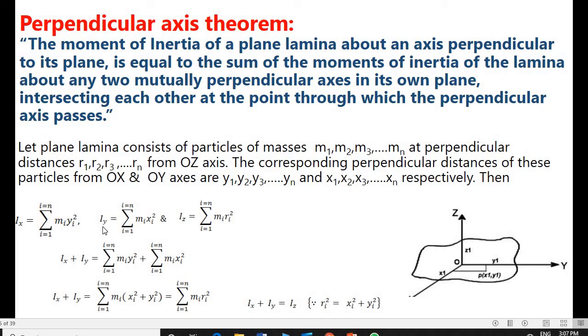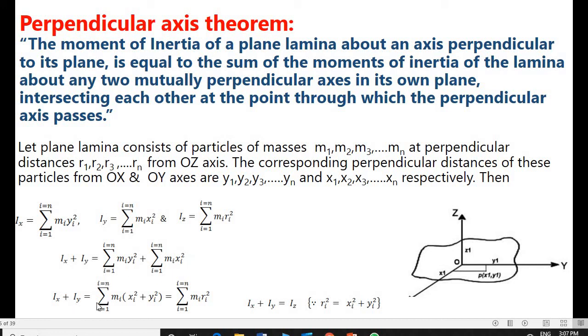About the y-axis, Iy is equal to summation i equal to 1 to n mi xi square. Iz is given by summation i equal to 1 to n mi ri square. Therefore, Ix plus Iy is equal to summation i equal to 1 to n mi yi square, plus again summation i equal to 1 to n mi xi square.